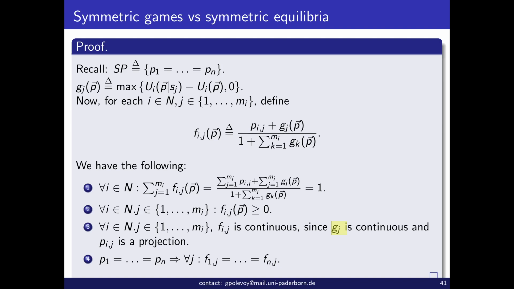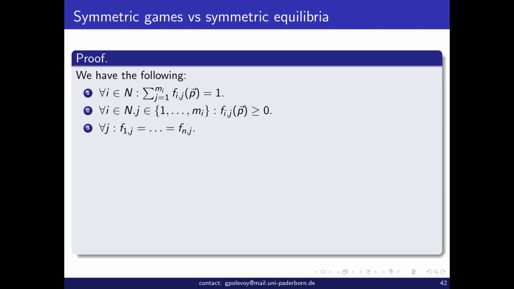And since we defined SP in the beginning, which by definition is the set of all profiles which are equal for all players, so p_1 is equal to p_2 is equal to, up to, p_n, we conclude that F_1j is equal to F_2j is equal to, up to, F_nj for every j. Now let us say again what we have proved.